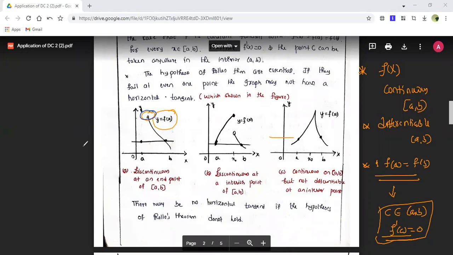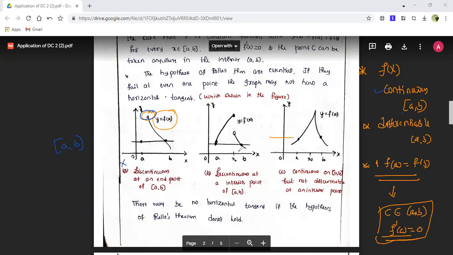It is defined within the closed interval ab, but it is discontinuous at the point a. But as per Rolle's theorem, it has to be continuous in the closed interval ab. So if even one condition fails, I will not get a horizontal tangent. I can't draw a horizontal tangent here. So in this case, Rolle's theorem fails.